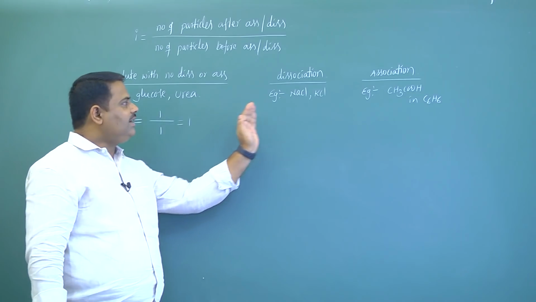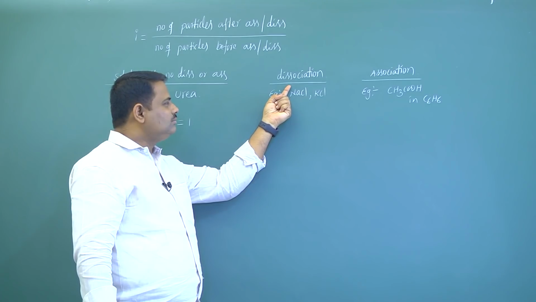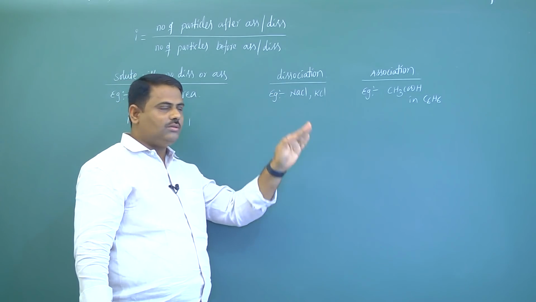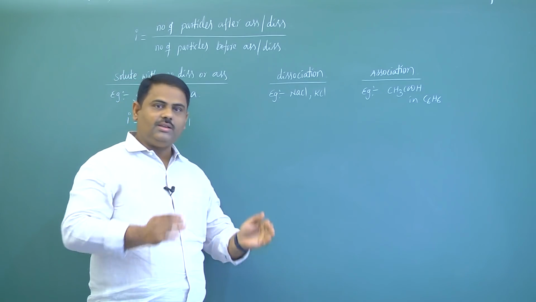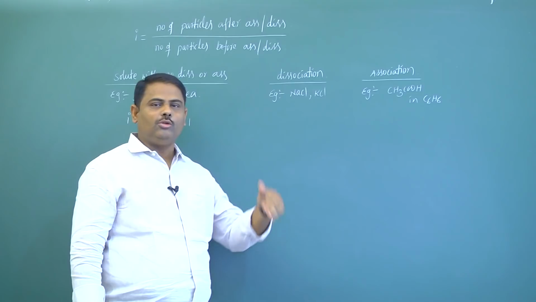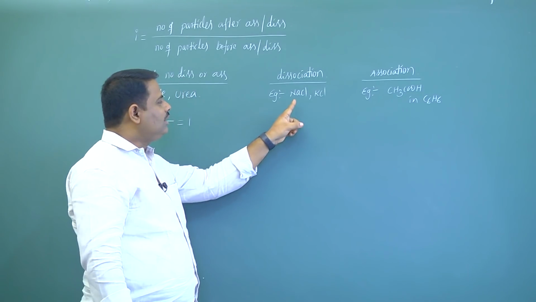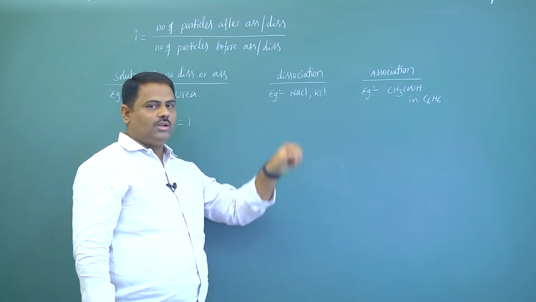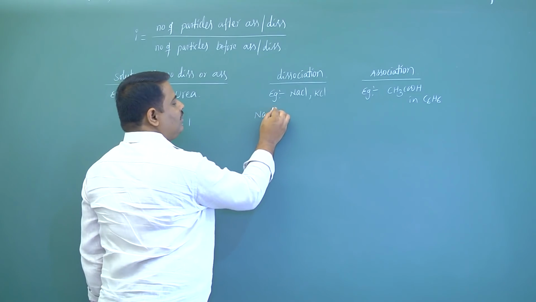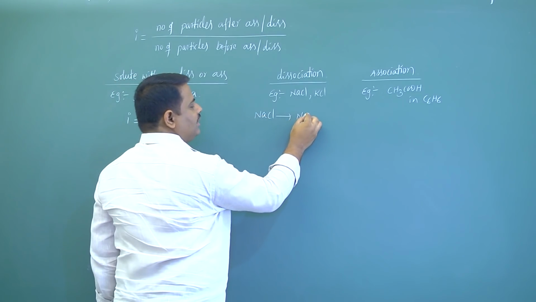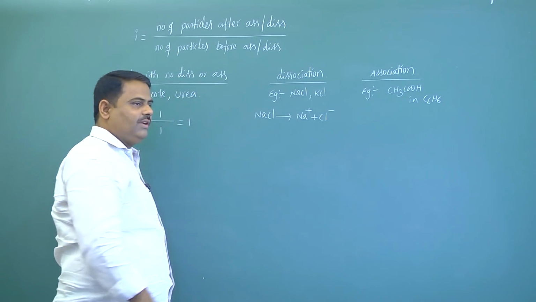Now come to the second case. If any solute is added to a solvent and it undergoes dissociation, then the number of particles increases, and the colligative property also increases. For example, sodium chloride, potassium chloride. If sodium chloride is added to a suitable solvent, then you are getting 2 moles of ions here.